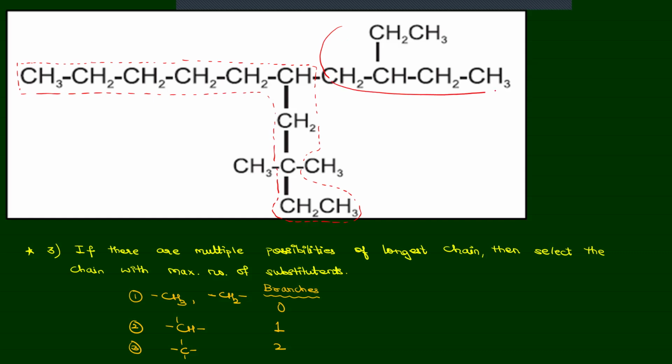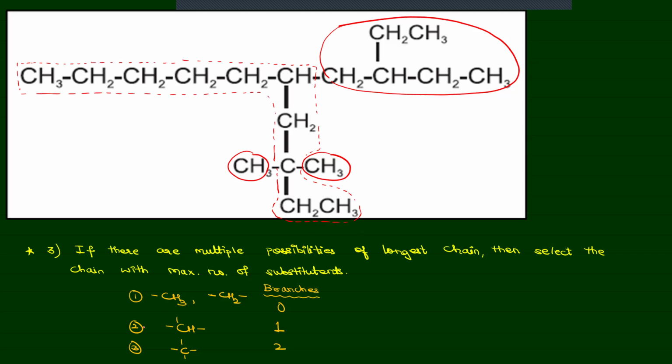On CH there is one, this entire big complex substituent, and on C there are two substituents. That's what I have written at the bottom. On CH there is one branch and on C there are two branches. Do you understand the circle part now? Yes?